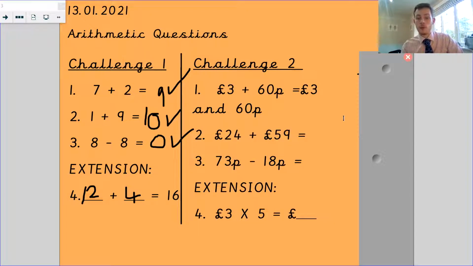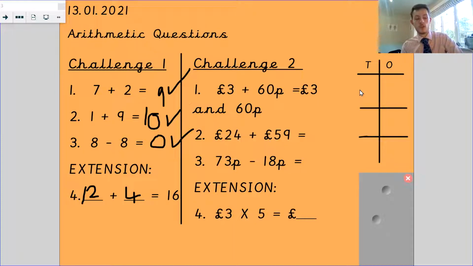So let's now move on to the next question, which we are going to need our 10s and 1s for. £24 add £59. Because these are both in pounds, I can put them straight into my 10s and 1s. I'm going to put my 5 in there and my 9 in the other side. 4 add 9.